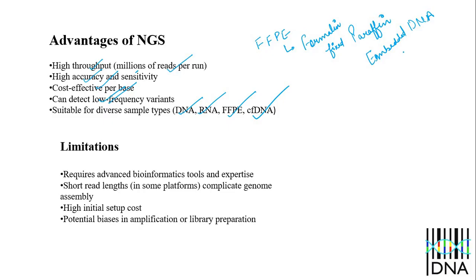Next, cfDNA means circulating cell-free DNA. Okay, so with the help of this sequencing, we can easily sequence paraffin embedded DNA as well as circulating cell-free DNA.